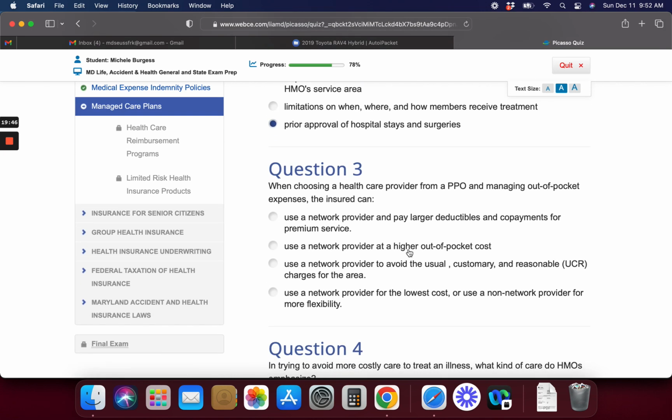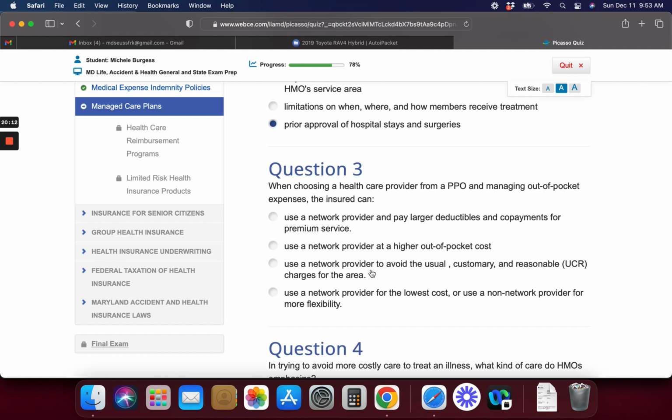When choosing a healthcare provider from a PPO and managing out-of-pocket expenses, the insured person, which is going to be us, can use a network provider at a higher out-of-pocket cost. Use a network provider and pay larger deductibles and co-payments.